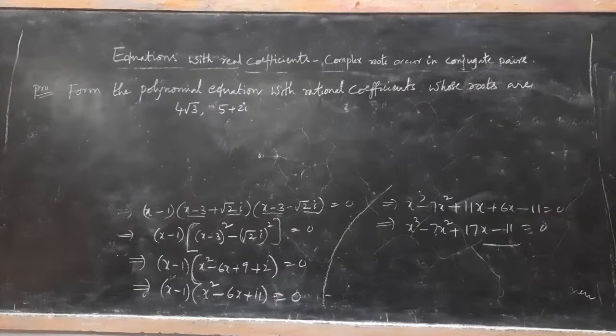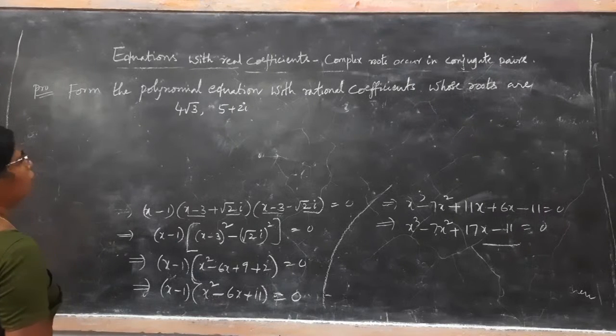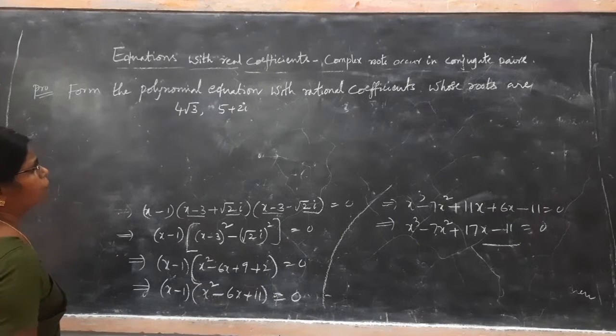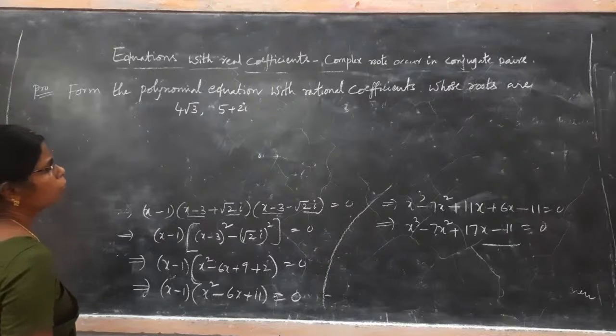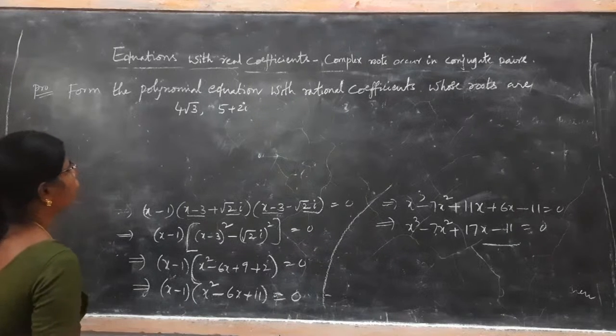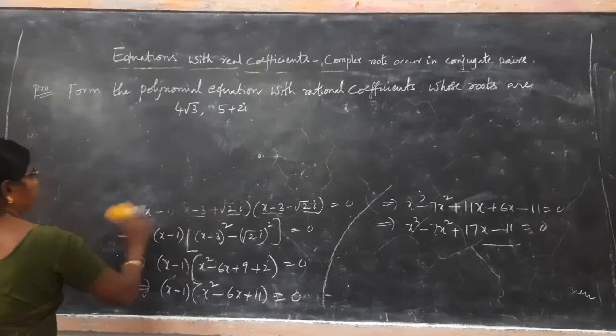So that is our problem. Form the polynomial equation with rational coefficients whose roots are 4 root 3, 5 plus 2i.